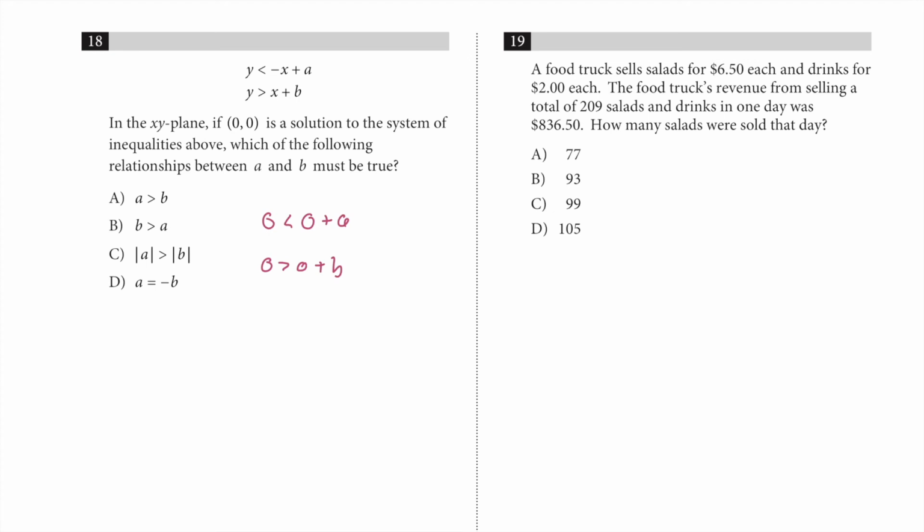So if we simplify this, we have 0 is less than a, and 0 is greater than b. So we can say that a is greater than 0, b is less than 0, we can say b is less than a, which is A.